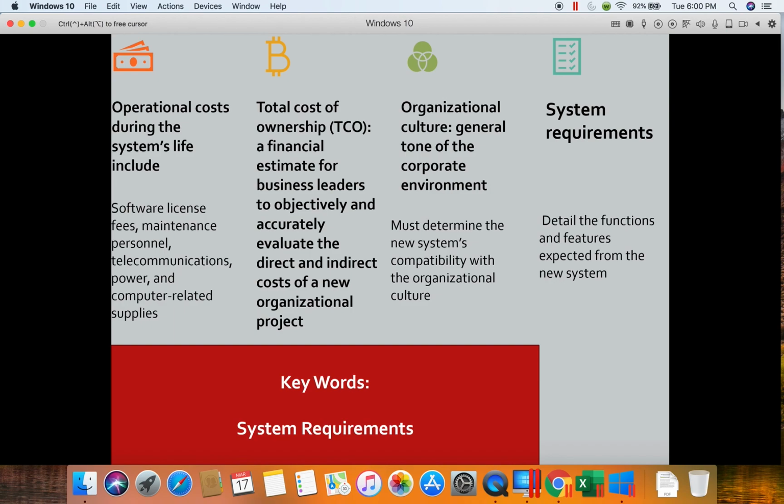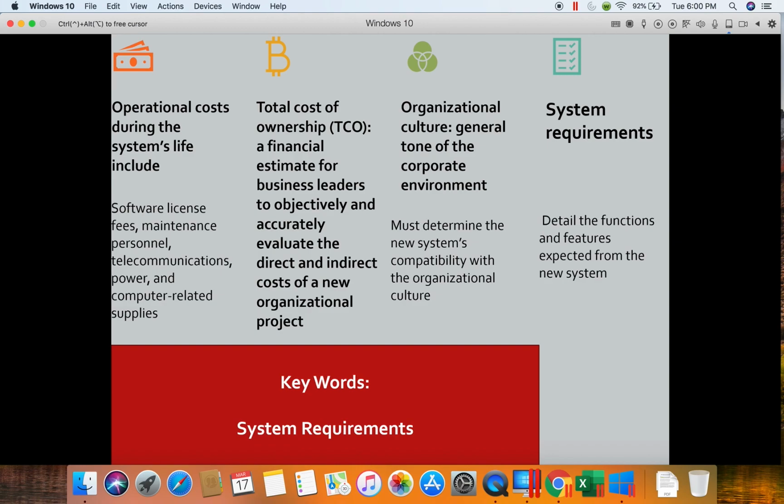So we do have to look at the operational cost of a system during its lifetime. Things like software licensing. Most of the systems I work with, you have to pay annual recurring fees to keep the software updated every year. You have to pay maintenance fees. You may have training issues that you have to deal with.